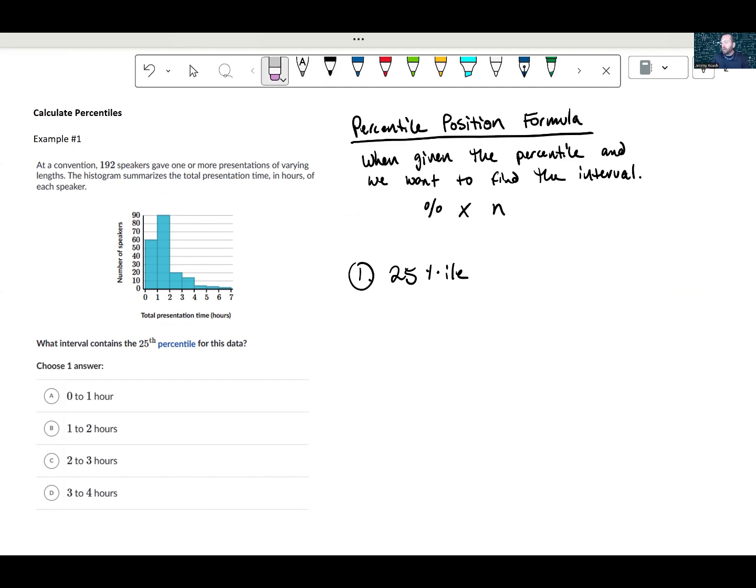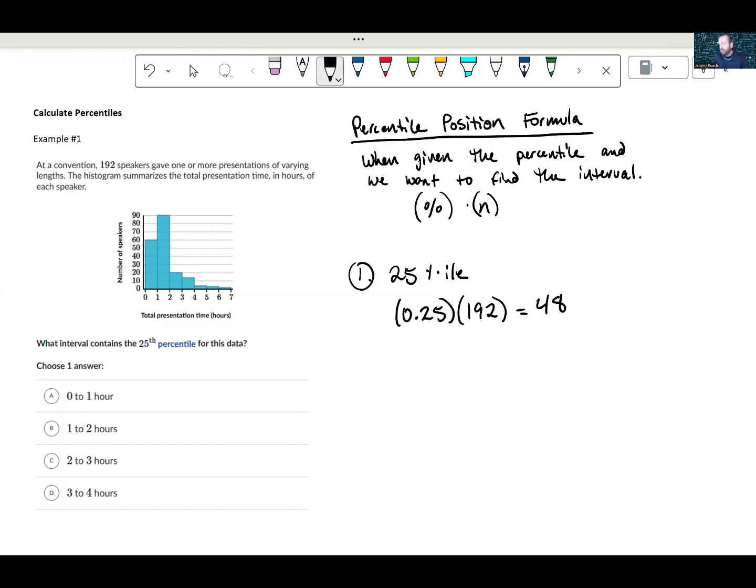Let me write it like this: percent times n. Actually, we don't put times 100.